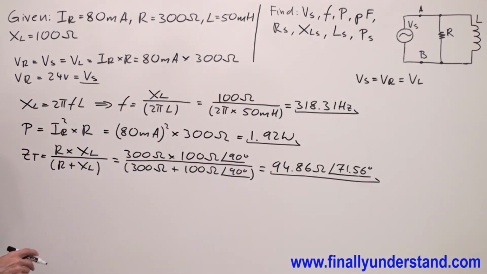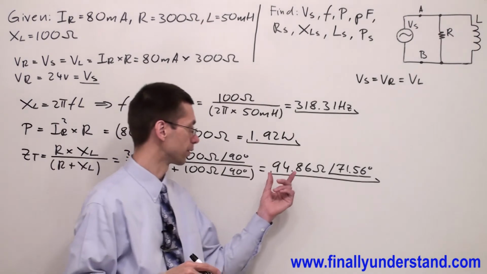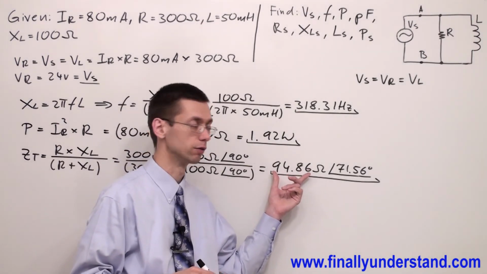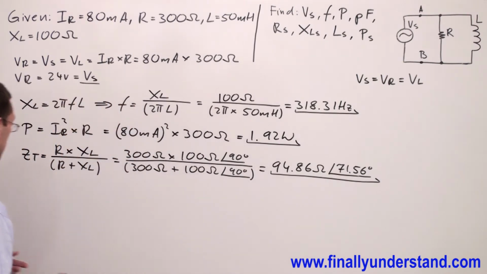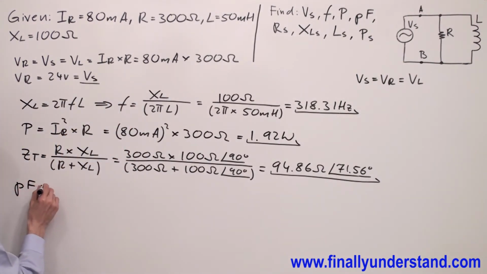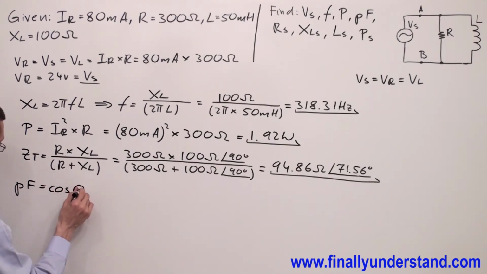Please notice that at this moment we got the magnitude of Z total and we got the angle. So very easily we can find the power factor. Power factor is equal to the cosine of the angle which is next to Z total.